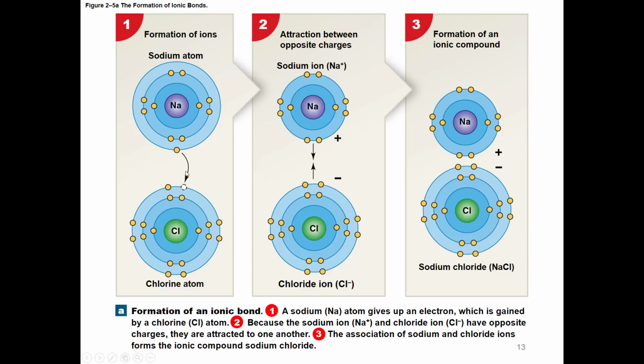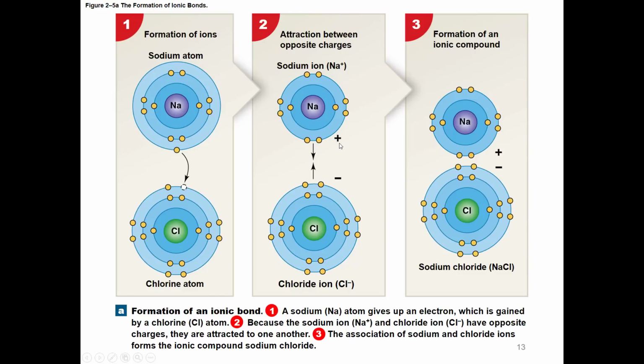Chlorine accepted that extra electron from sodium, as we can see it did right here in this picture. And when chlorine accepted that extra electron, accepted that negativity, chlorine became more negative. Now we call it chloride. So now we have a positive sodium cation and a negative chloride anion.